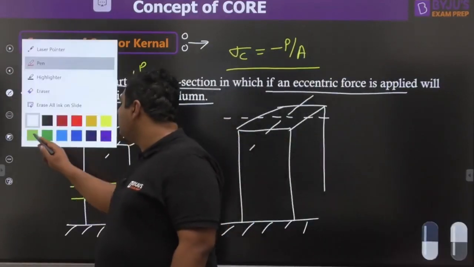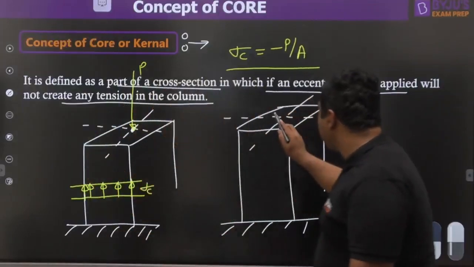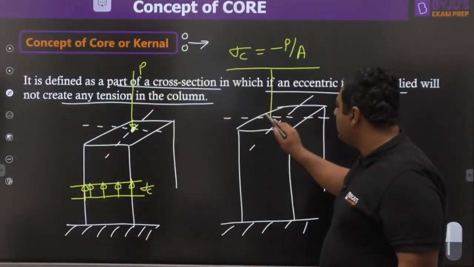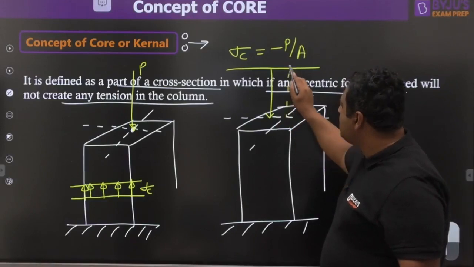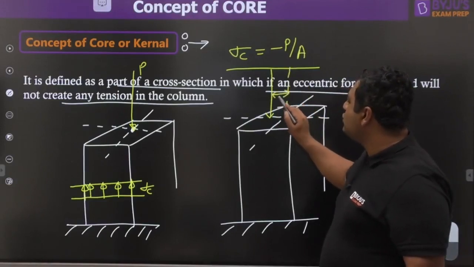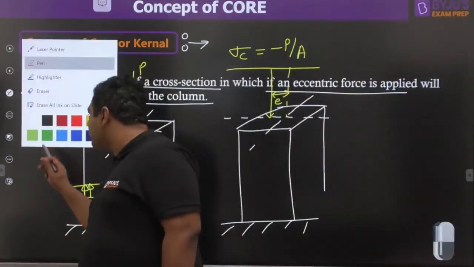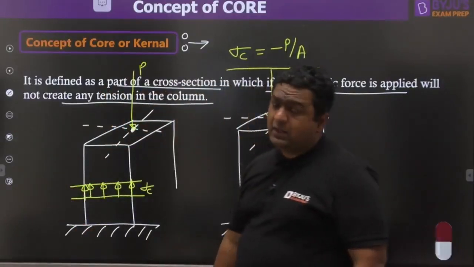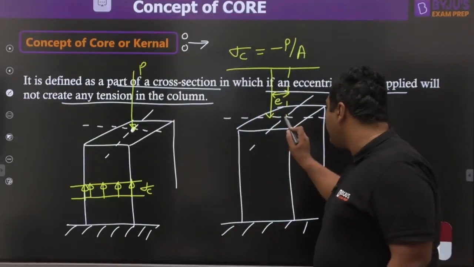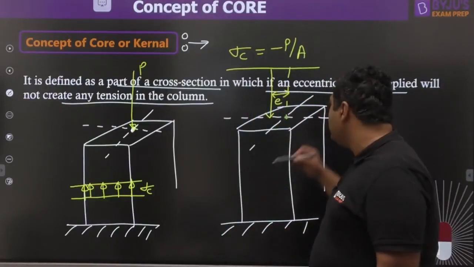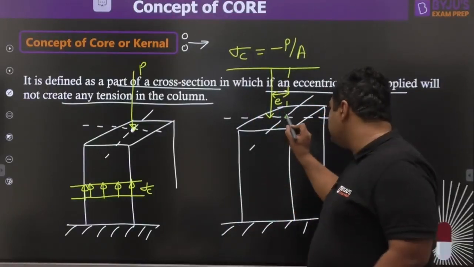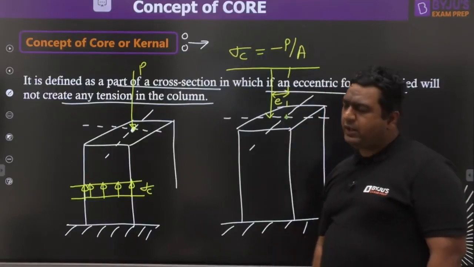If we say that this force is acting at this position, it means it is eccentric to the CG or centroid. If we try to see the effect of this force at the CG or centroid, there is zero force at the CG or centroid.